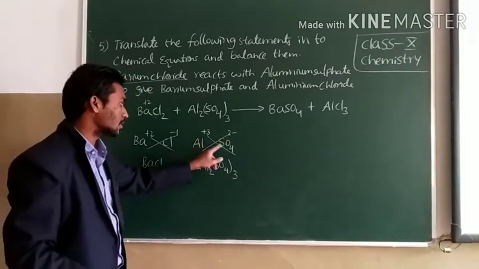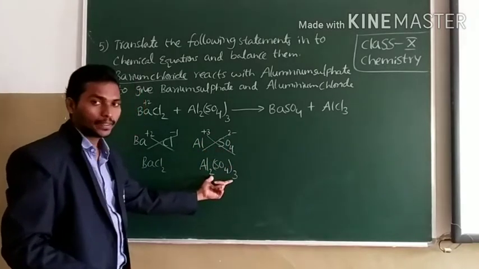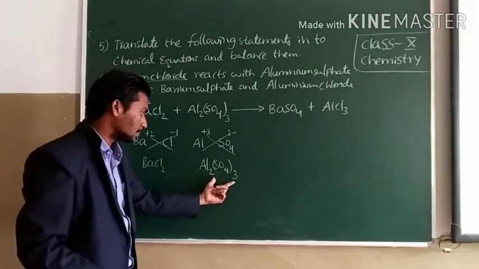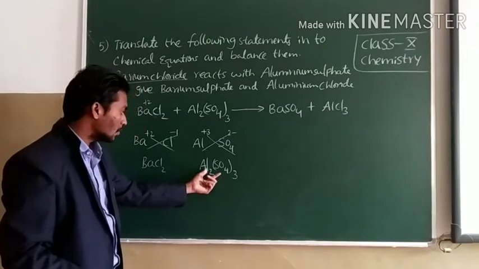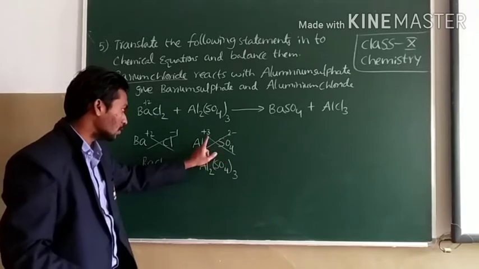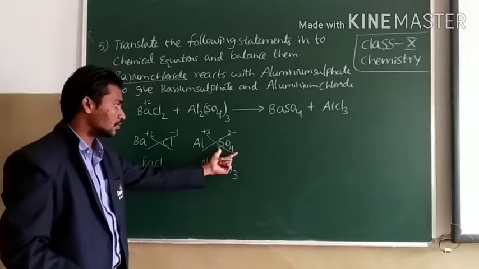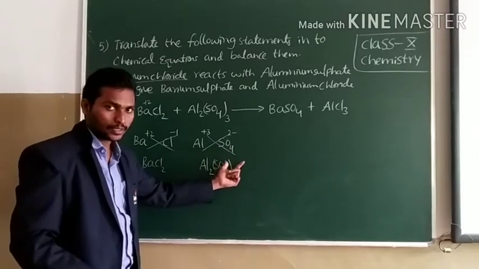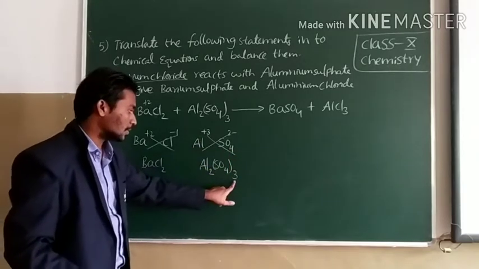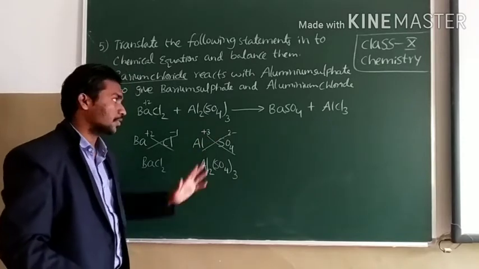While crisscrossing the charges, we write these numbers as subscripts, at the bottom of the elements. So Al2, then SO4 in parentheses or brackets, and 3 there. Al2(SO4)3 is the chemical formula of aluminum sulfate.